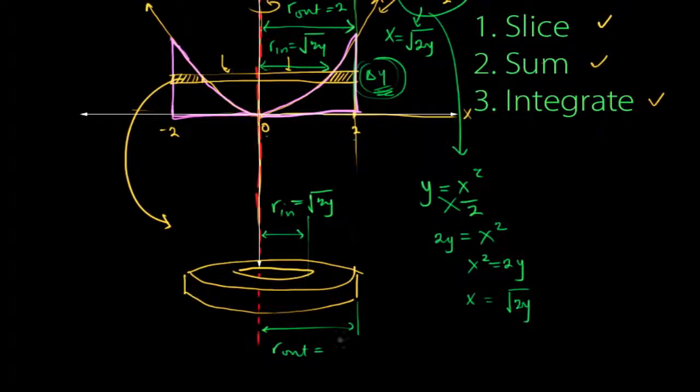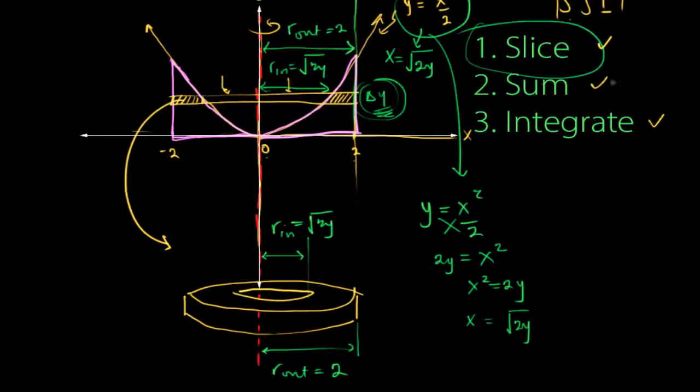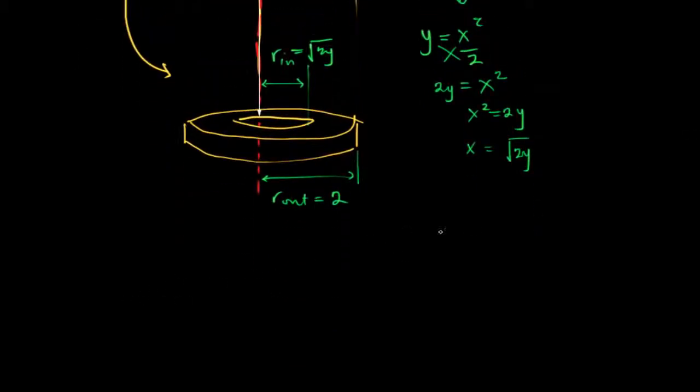So my inner radius is the square root of 2y, and my outer radius, r out, equals 2. Again, you can see I'm working on the slice, so I want to find the volume of the slice, which I'm going to call delta V. The volume of the slice is actually the volume of the outer cylinder minus the volume of the inner cylinder.